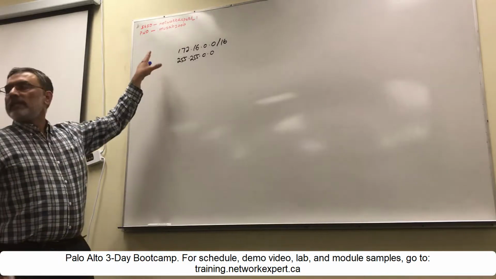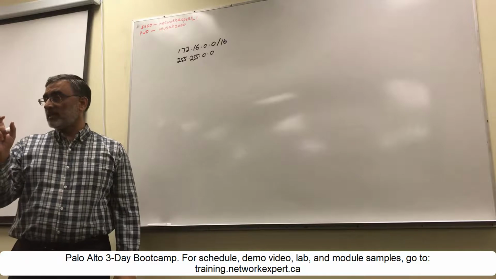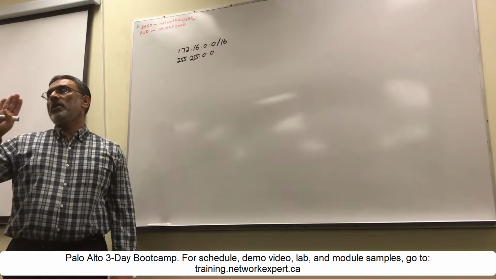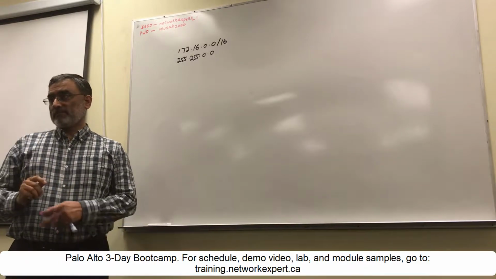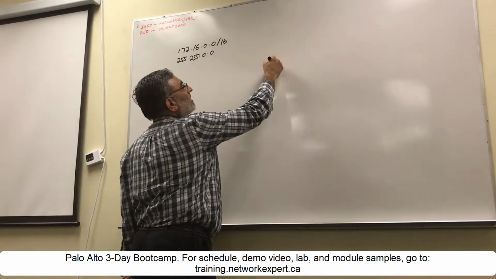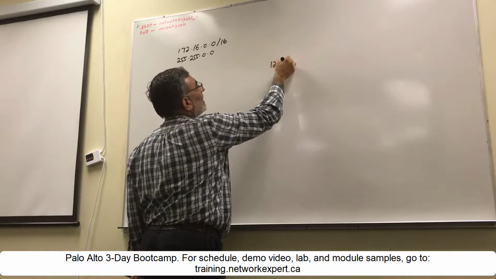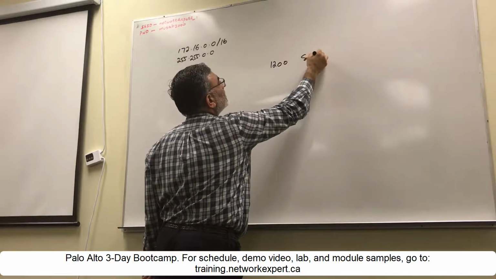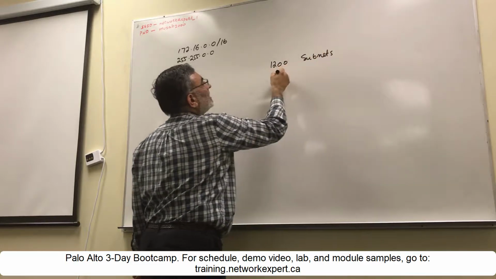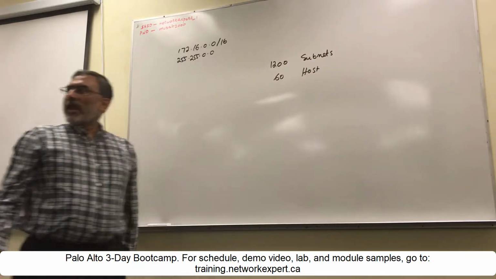So let's suppose the requirement says that we want to have 1200 subnets with 60 hosts on each subnet. Okay. So I'm just giving the requirement. The requirement says that this one network we want to divide into 1200 subnets with 60 hosts on each subnet.